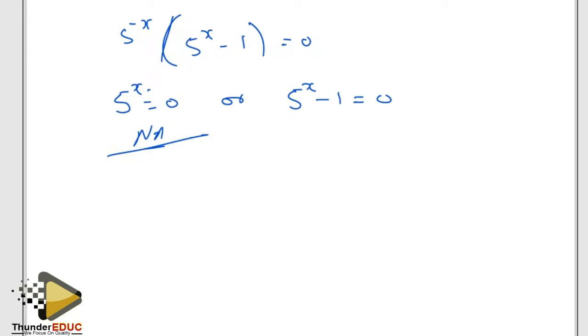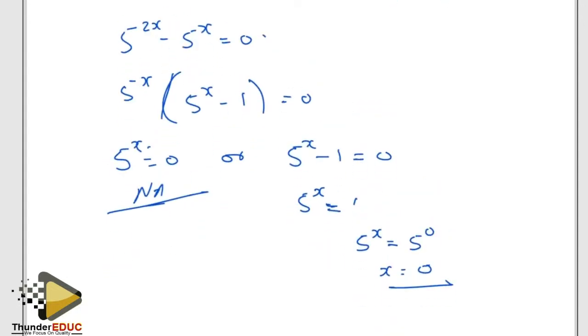And then with the second option, we can move the 1 that side, so that 5 to the x is a 1. The only scenario where we end up with a 1 is when a number is raised to the exponent of 0. So we're going to say 5 to the x is the same as 5 to the exponent of 0. So the bases are the same. You drop them, so x becomes a 0. So that is how this question would be answered.